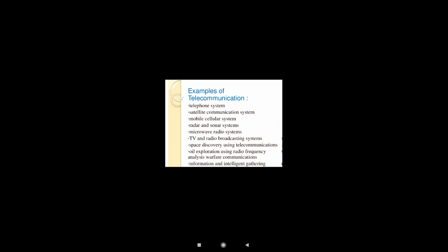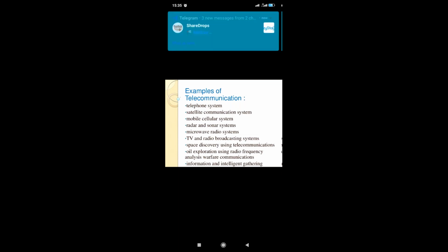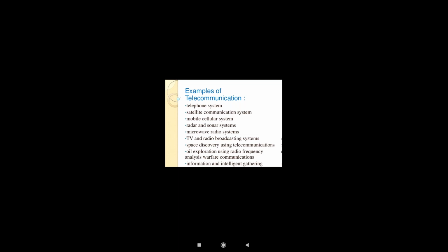Then, what are the examples of telecommunication? We have telephone system, satellite communication system, mobile cellular system, radar and sonar systems, microwave radio systems, TV and radio broadcasting system, space discovery using telecommunication, oil exploration with radio frequency analysis, warfare communication, information and intelligence gathering.